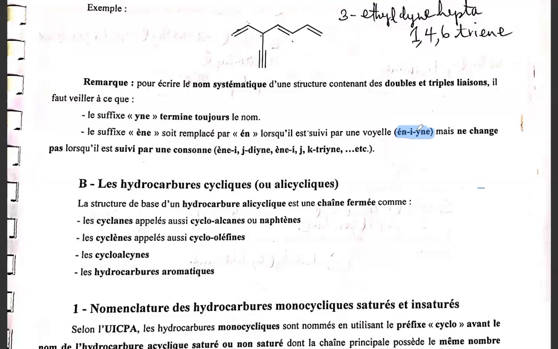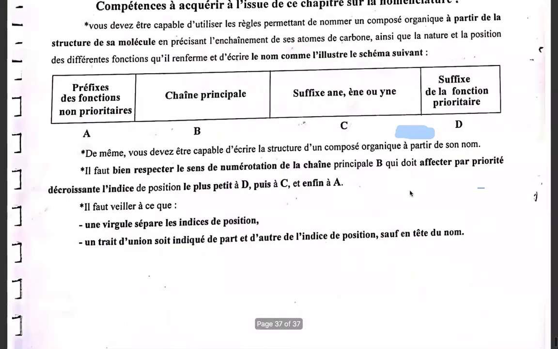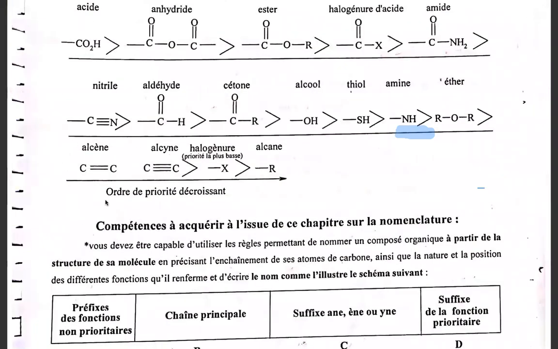But there is another thing you're supposed to take into consideration. Even if this is your terminaison, the alkene, the double liaison, has priority over the triple liaison. Please take note.